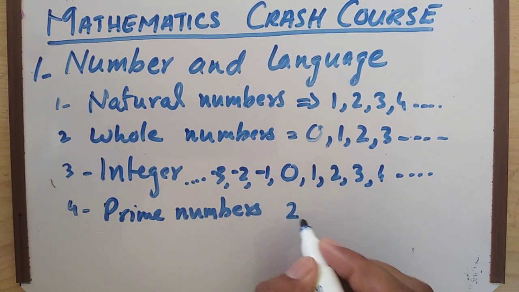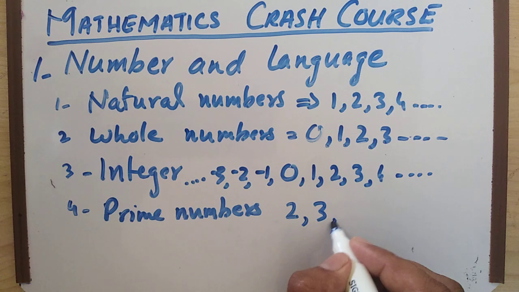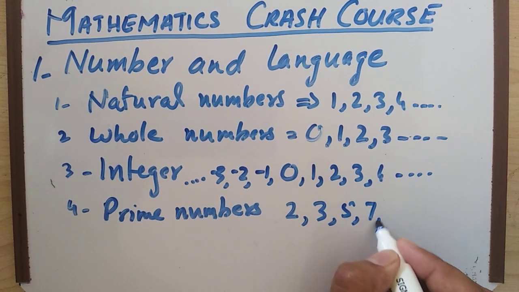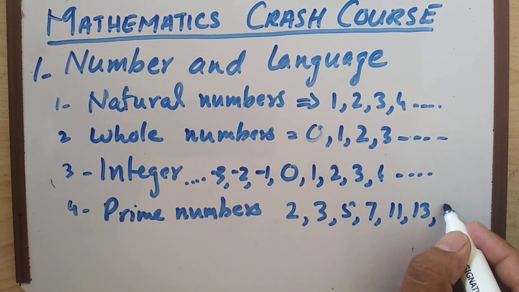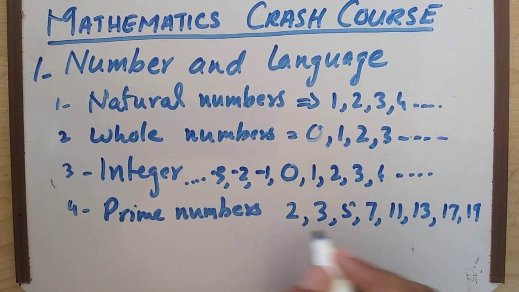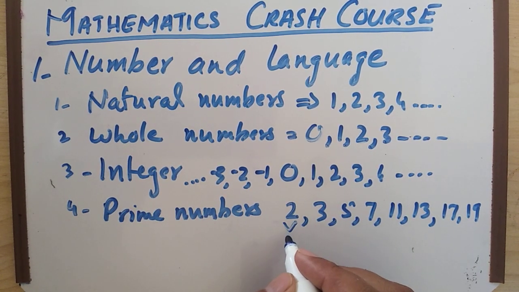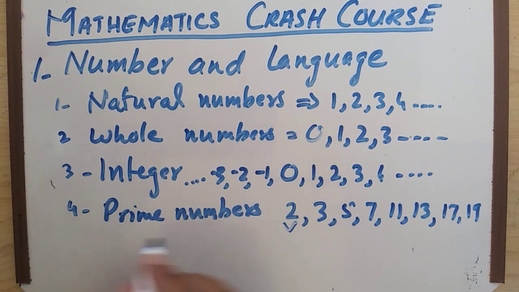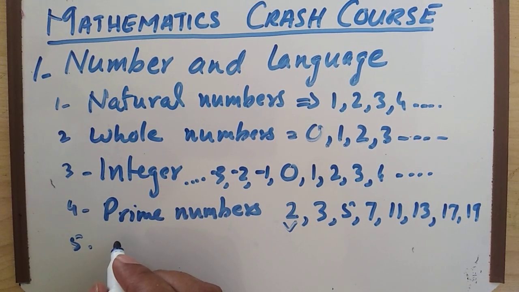For example, 2 can be divided by itself or by 1. After that, 3, 5, 7, 11, 13, 17, 19. These are the prime numbers between 1 and 20. So 2 is the only even number that is included in prime numbers.